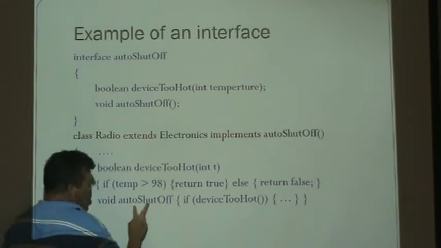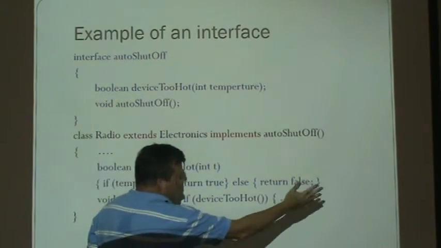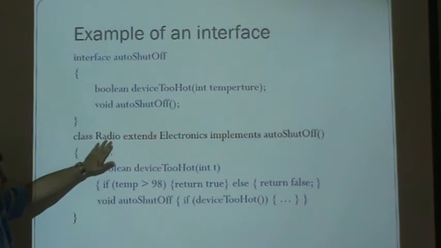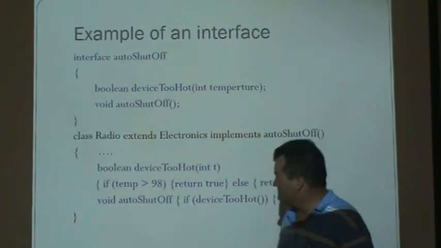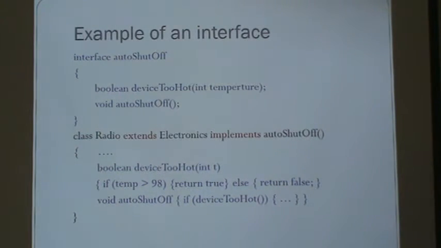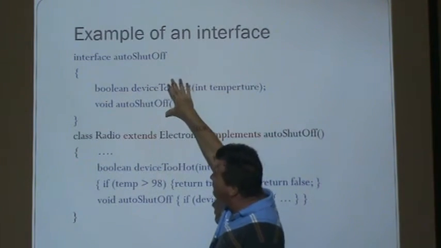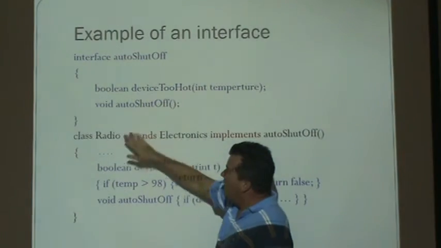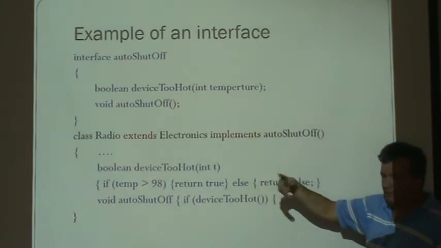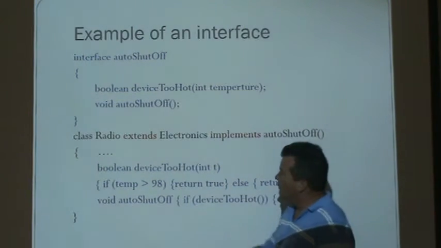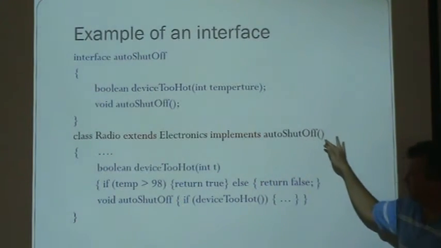So here we would say auto shutoff, and then we'd say if the device is too hot, so it calls this method, and if it's too hot, then whatever it takes to shut off a radio when it's too hot. Whatever data needs to be saved, or whatever's involved, we would then describe that. So now, since we have an interface called auto shutoff, any one of our electronic products that we decide needs to have an auto shutoff feature, everything has to extend from electronics, and then we would say implements the auto shutoff feature.